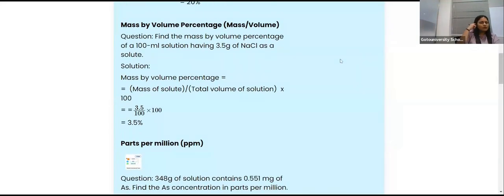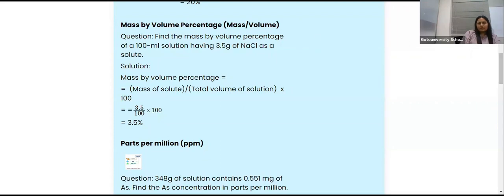Let's do an example for the third method that we have done, that is mass by volume percentage. It is mainly used in the pharmaceutical industry to make medicine, where the solute we take as a solid and the solvent as a liquid.